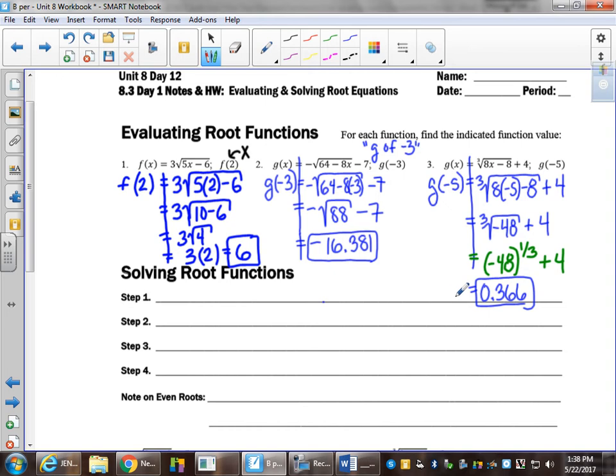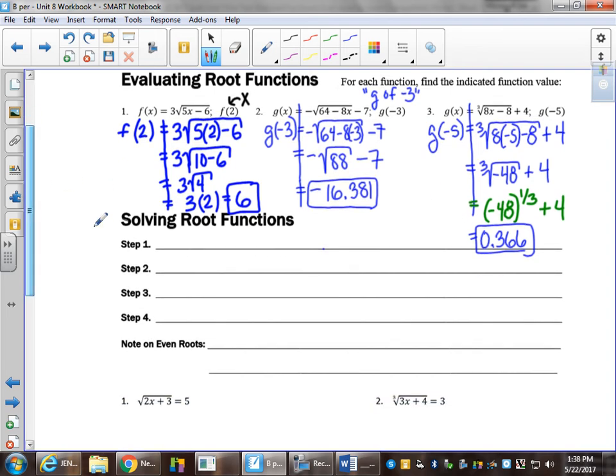Moving on to solving root functions. Let's get into our steps. This is a process that you can constantly reference as you are working.